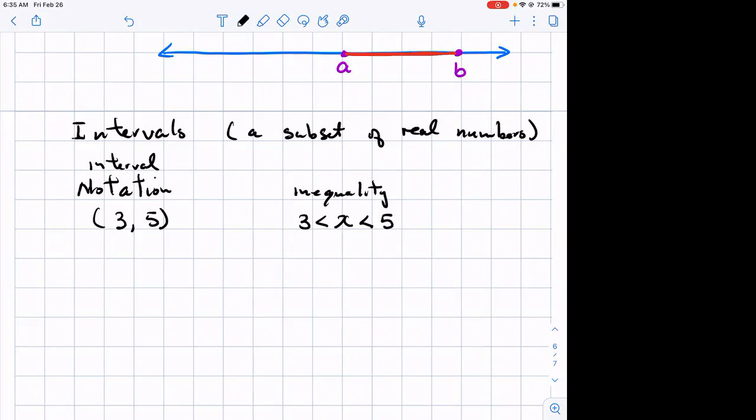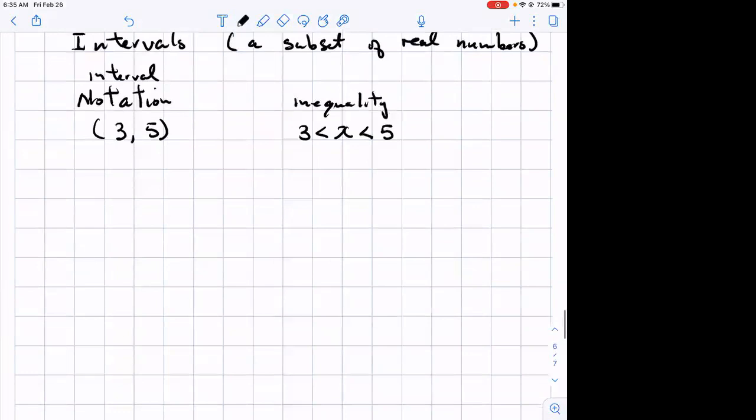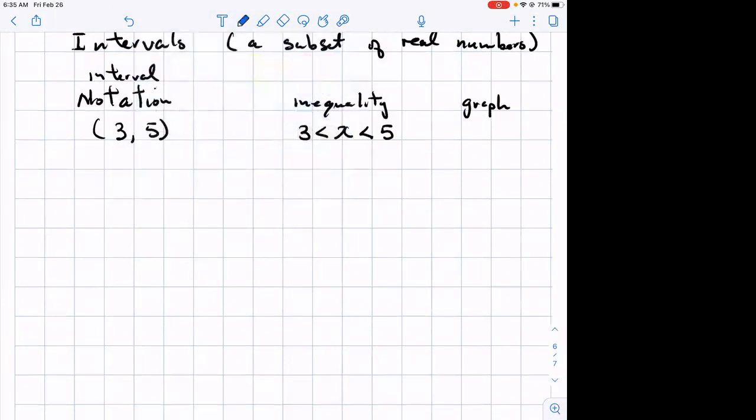And notice that you can graph this. If you graph this, you will have 3 somewhere here, 5 somewhere here.